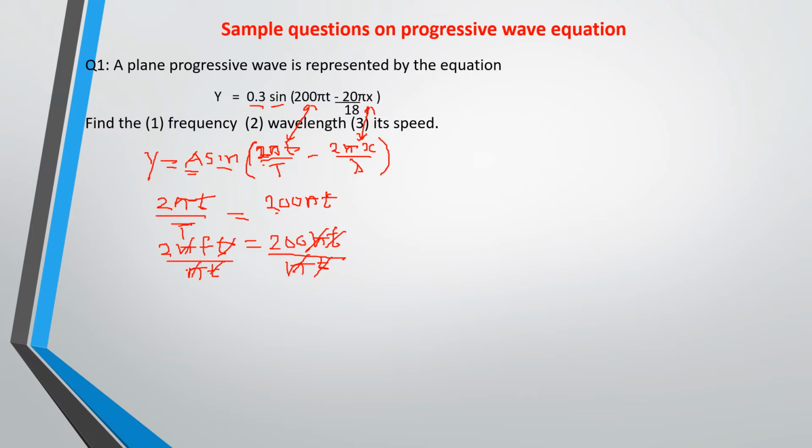What you have left is 2f equals 200. So your f, which is the frequency of the wave, becomes 200 all over 2. So f is equal to 100 hertz. This is the frequency of this wave.